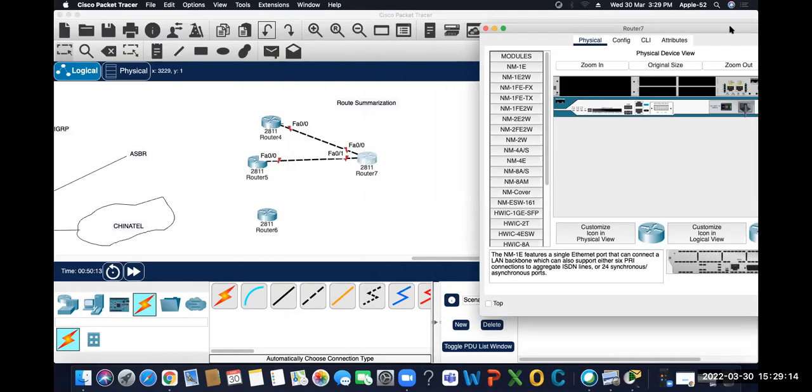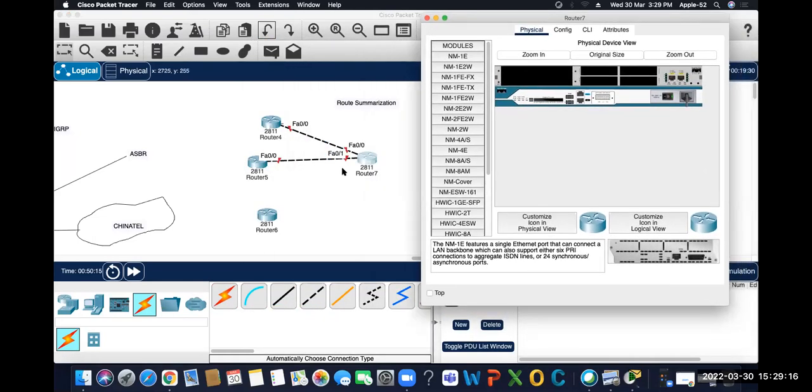I have already discussed this in my previous videos: whenever there are fewer ports compared to your requirement, for example when I was connecting router 6 with this router, but this router didn't have enough ports, the error came that it cannot connect to the port.